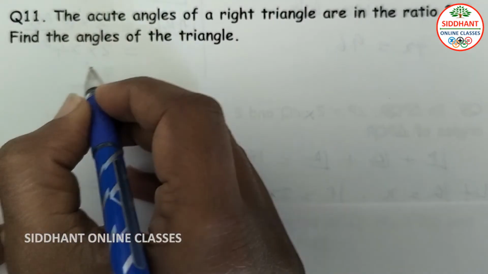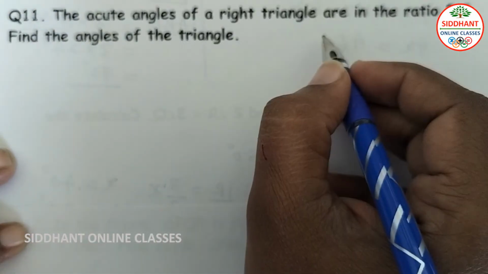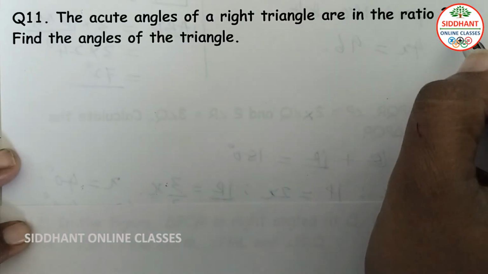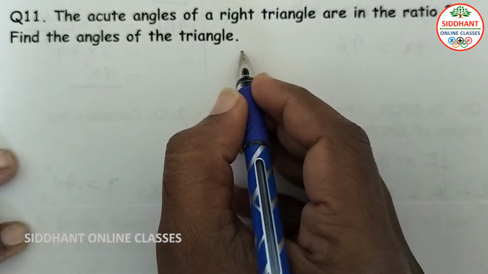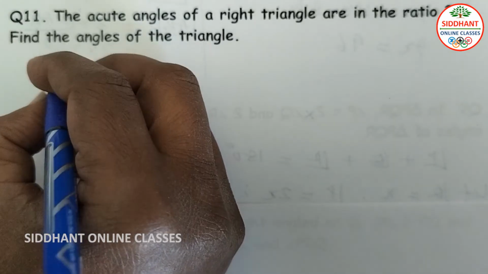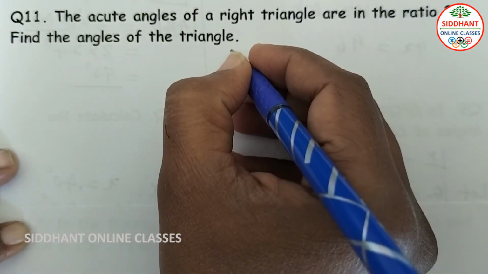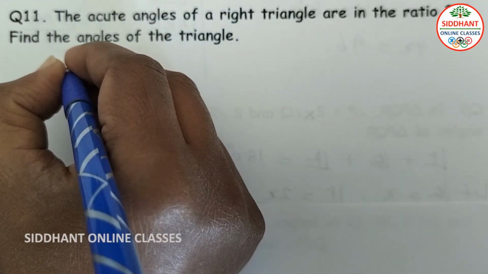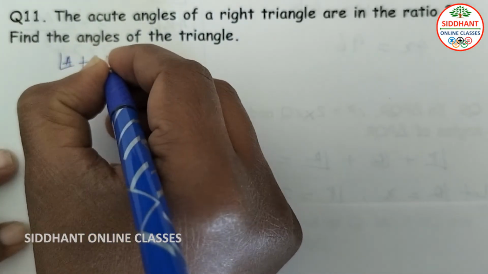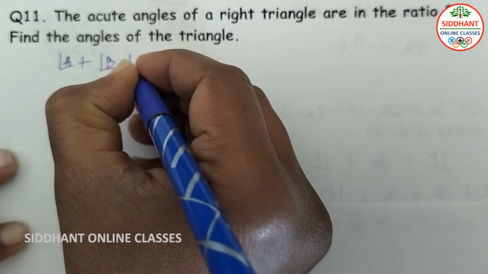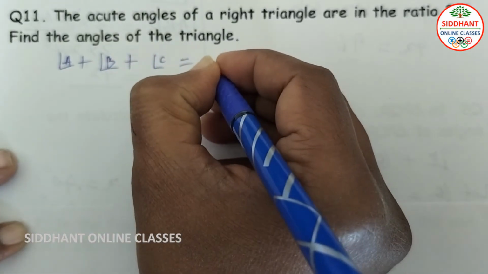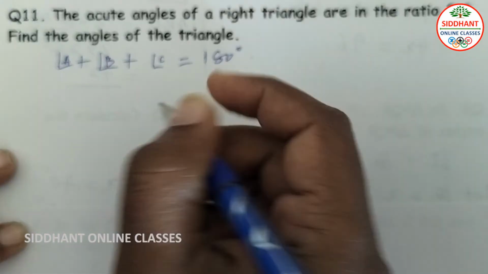Question number 11. The acute angles of a right triangle are in the ratio 2:3. Find the angles of the triangle. So here we know that the sum of angles is equal to 180 degrees. So suppose angle A plus angle B plus angle C equals 180 degrees here.